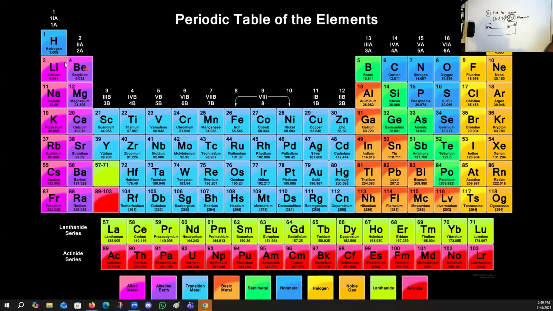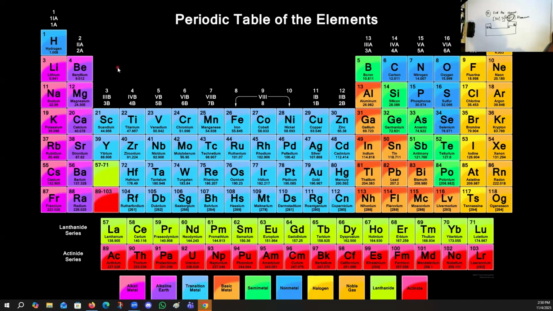Remember we said that everything in these first 2 columns is going to be considered the S block, except pretend that helium is back over here by hydrogen.